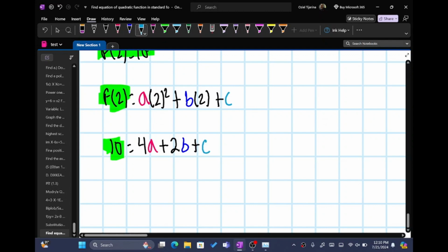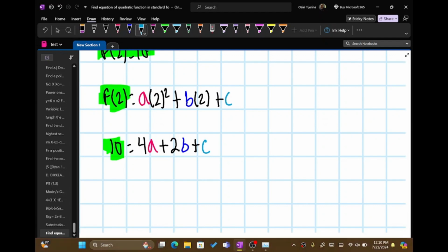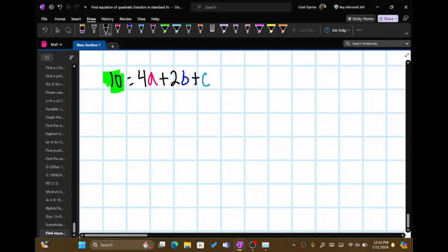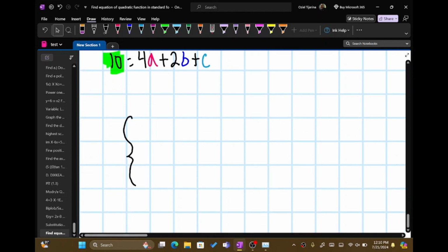Now, we have a system of 3 equations. Let me try to draw that a little better. Hopefully it looks okay. Something like that. Okay.